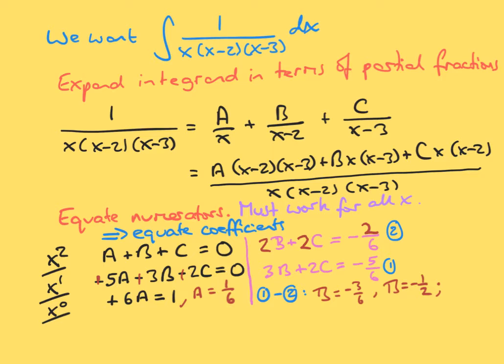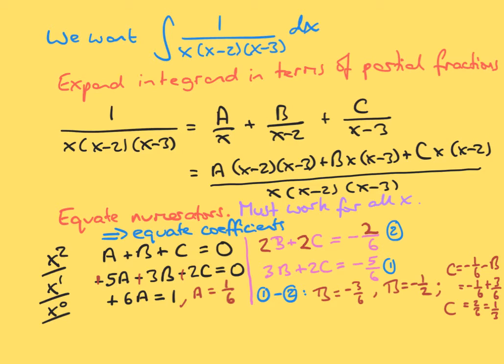So c is minus 1/6 minus b, and that's minus 1/6 minus minus, because b is minus 1/2, so it's minus 1/6 plus 3/6. And that means that c is 2/6 or 1/3. So that's our value of c.